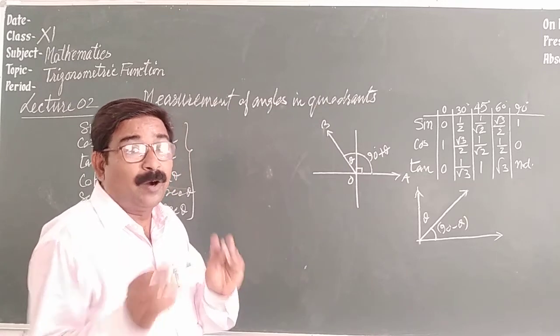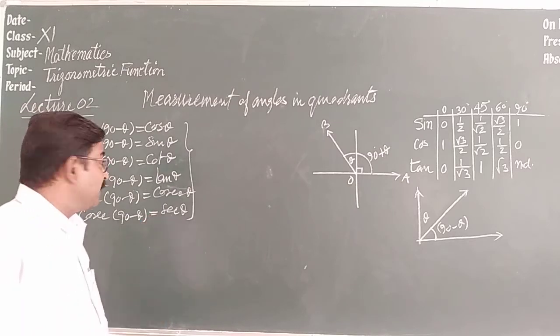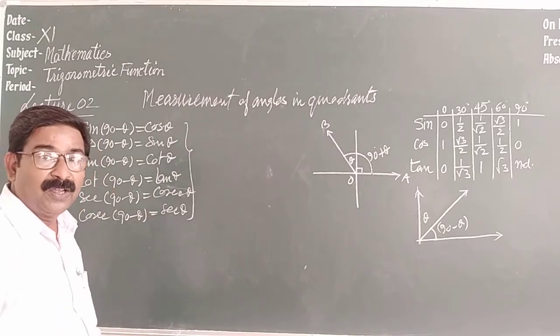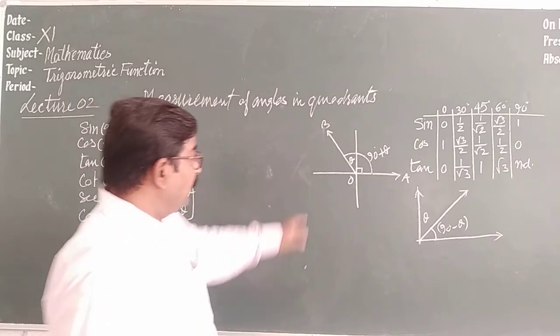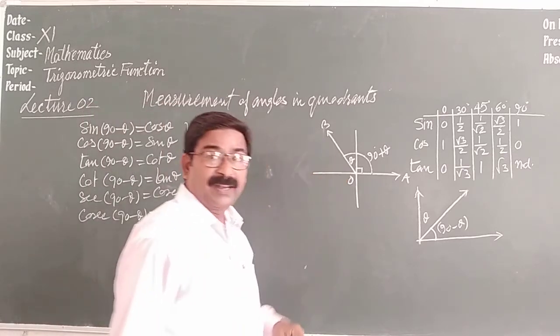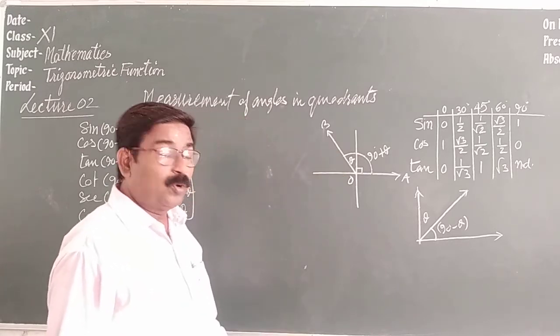Don't take stress about how to learn the formula. The same formula you have to learn, whatever you have seen in class 10. Just simply you have to change the sign. So if it is in second quadrant, what I told?